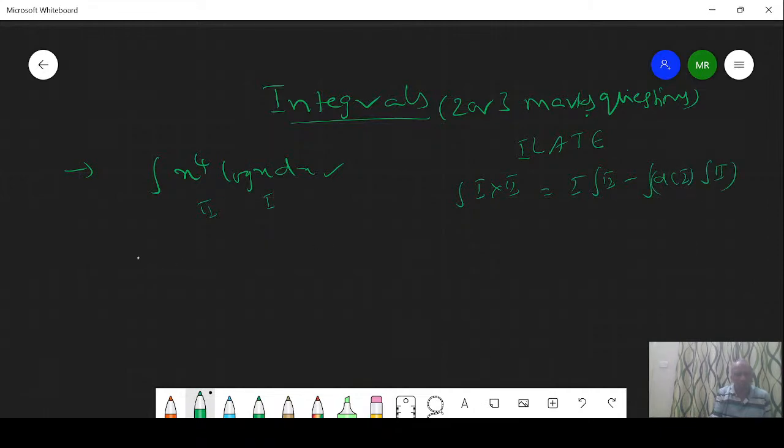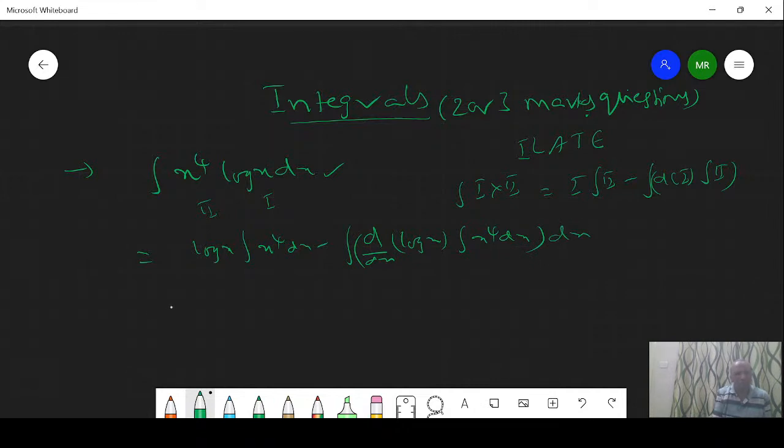If you follow this, I can write log x into integral x power 4 dx, minus integral of derivative of log x, d by dx of log x, into integral x power 4 dx, whole dx.